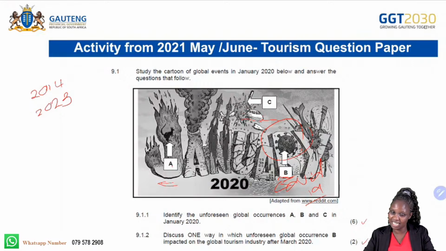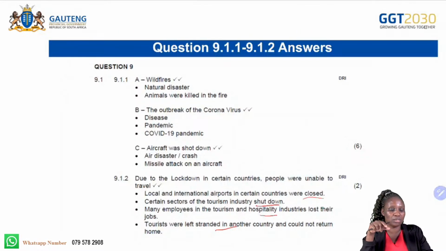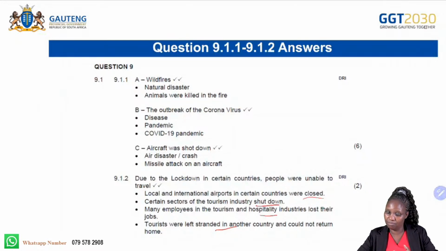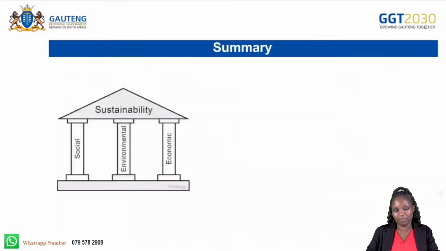Different years, but check for question 9. Why? Because I said political situations were in what? Section E, question 9. Remember last time we did what? Global events of international significance. We still remember that, don't we?